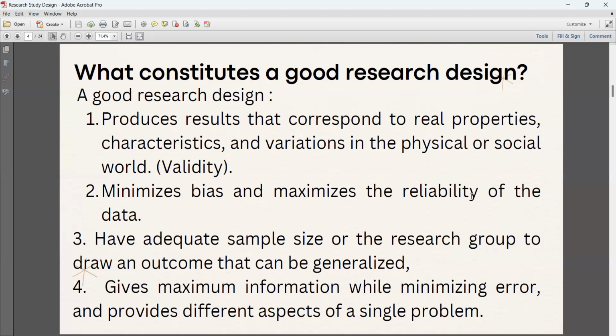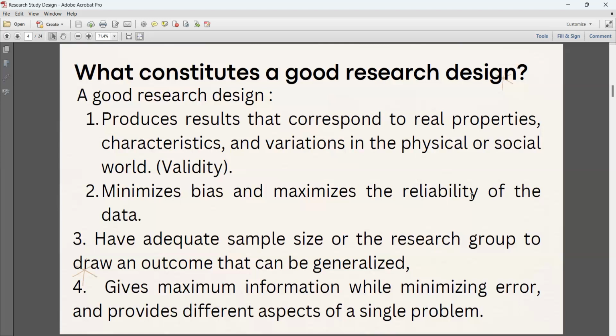A good design is also one which minimizes distortion from the truth, or what we call the bias, as it also maximizes how reliable your data is. It will also ensure that you have adequate sample size of the research group so that you can be able to generalize the findings from your study.